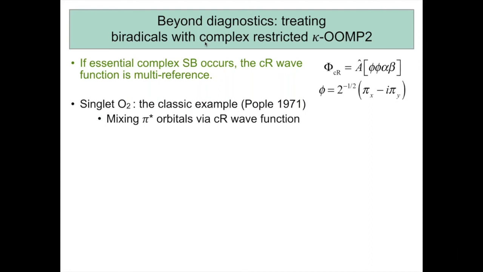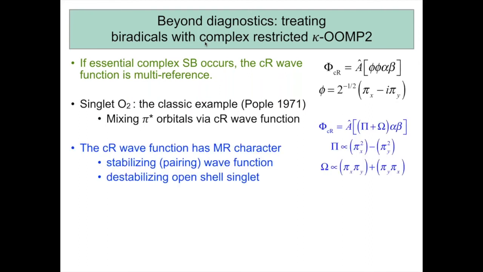Singlet oxygen is the classic example, because basically you have pi x and pi star x and pi star y orbitals that are half occupied, and if you mix them via a complex restricted wave function, that is making orbitals that are pi x plus or minus i pi y, that's the single determinant of restricted orbitals.